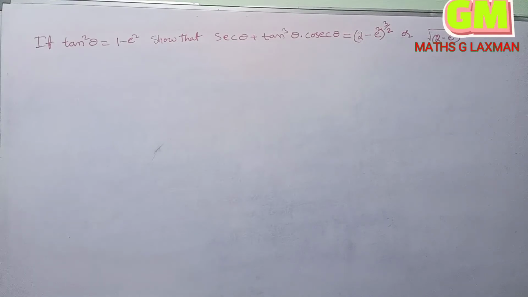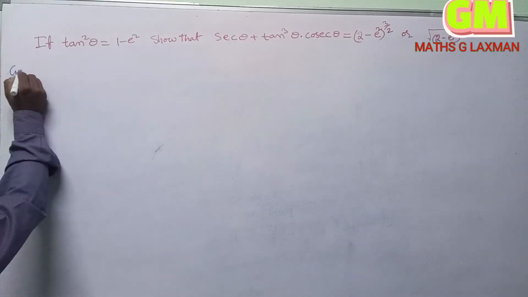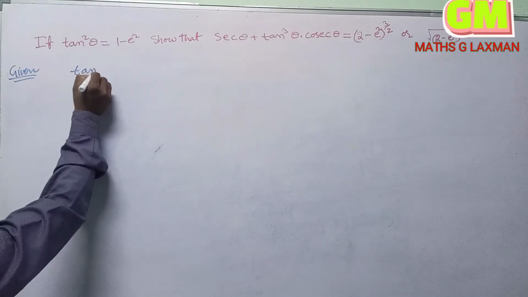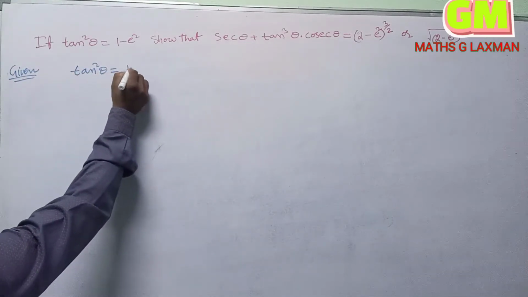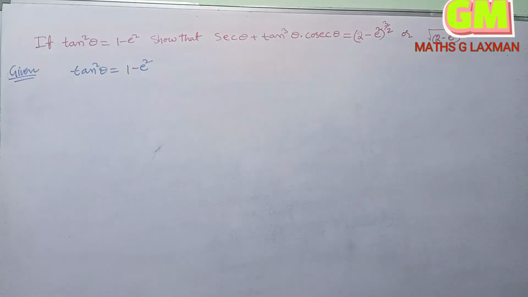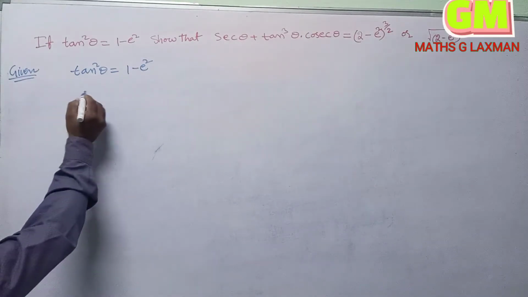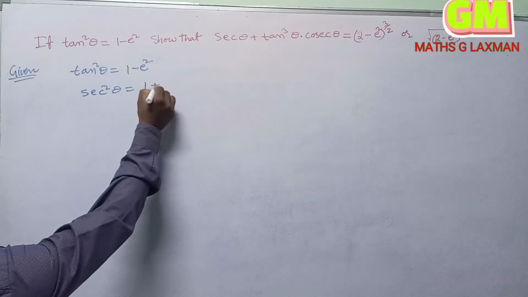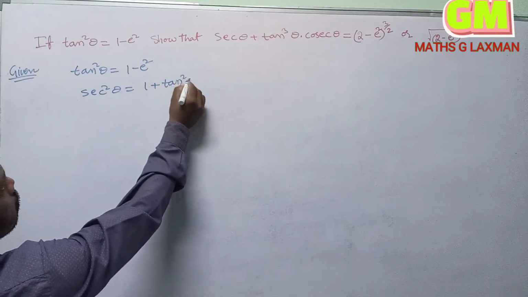So the given question is given tan square theta which is equal to 1 minus e square. So we have an identity, that is secant square theta which is equal to 1 plus tan square theta.